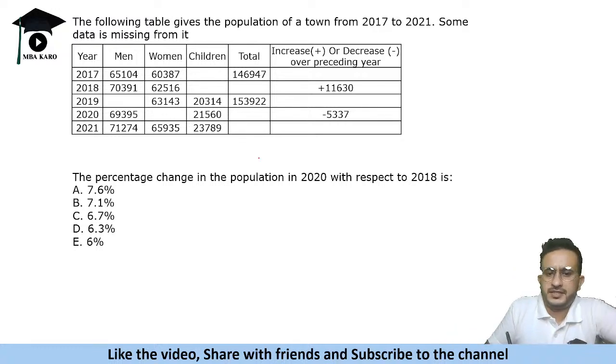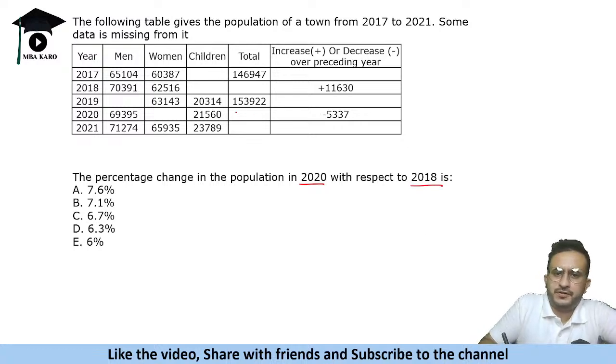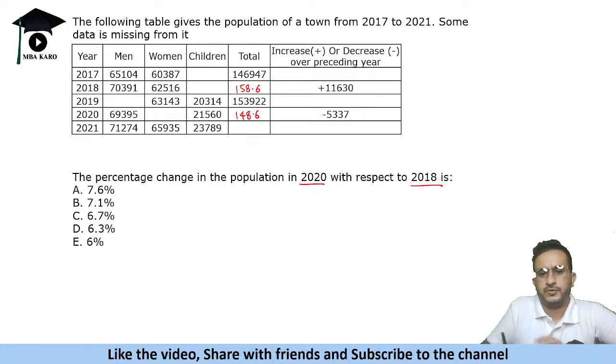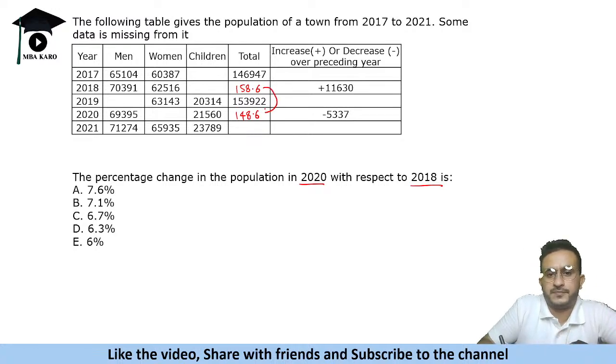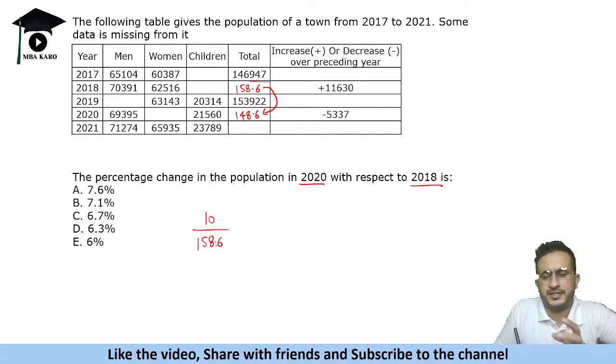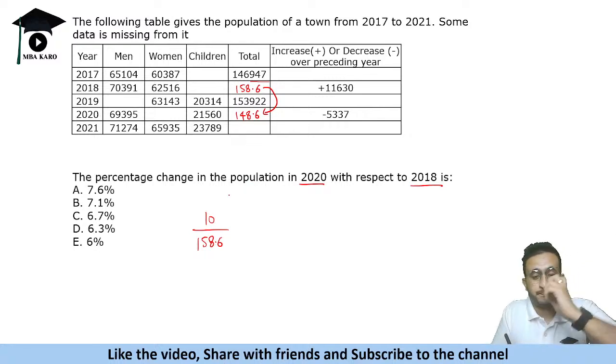So the percentage change in population in 2020 with respect to 2018. Okay. So 2020 we already calculated here, it was 148.6, and here if you see this is 158.6. Okay. So we need to find the percentage change in population. If we see, the percentage change is 10,000, like 10, and we are converting in thousand. So 10,000 upon 158.6 thousand. Okay. Now, how to get this as a close value?